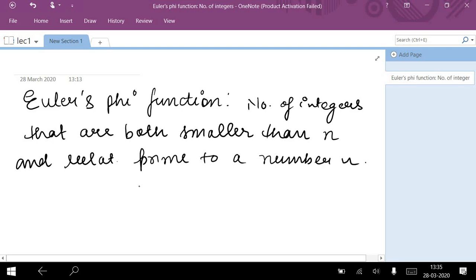Relatively prime means if we find the GCD between a number n as well as that integer, then the answer should be 1.